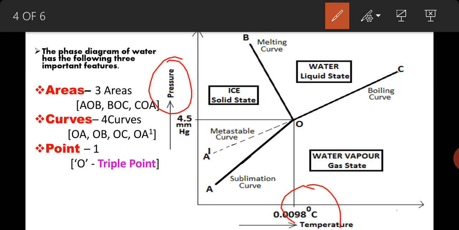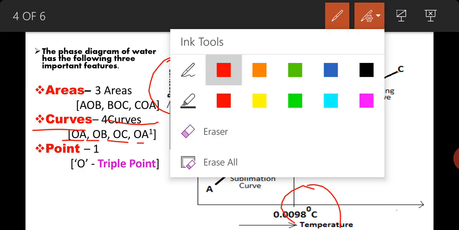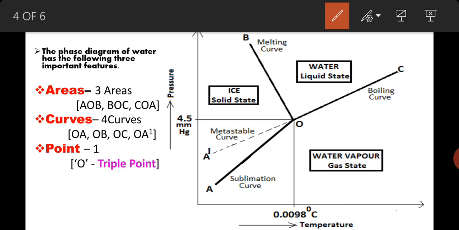Next feature, curves. Here we observe four curves: OA, OB, OC and OA dash curve. At first, the OA curve. The OA curve is present between solid ice and the gas state, water vapor.